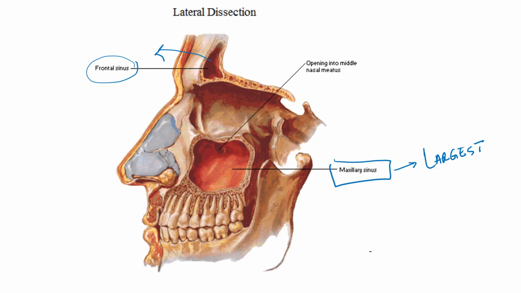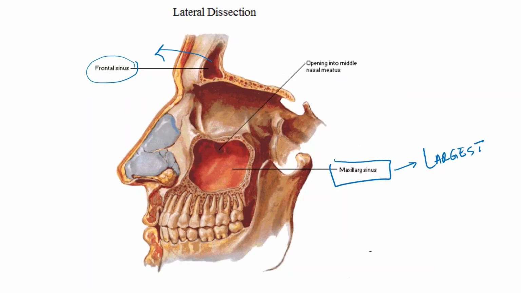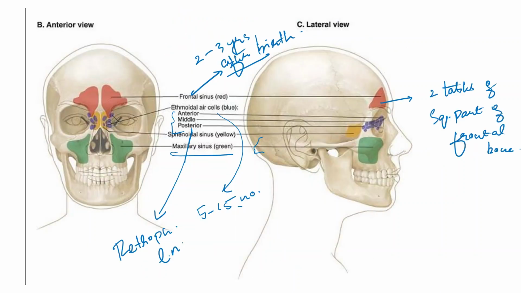So the maxillary air sinus has an apex, a base, a roof and a floor. The apex of the maxillary air sinus is directed towards the zygomatic process of the maxilla.